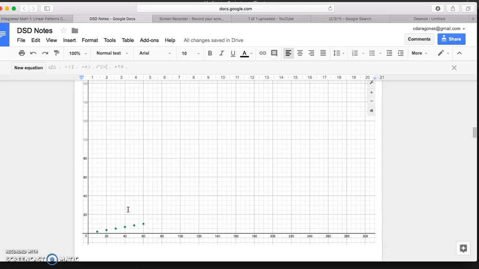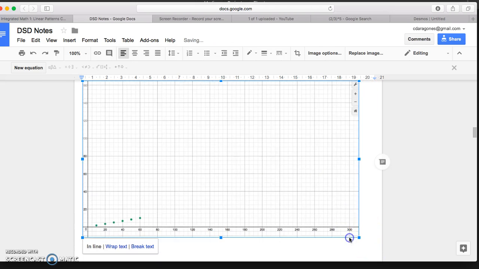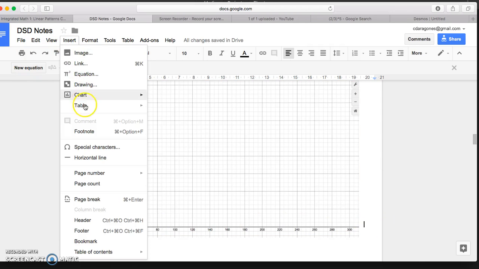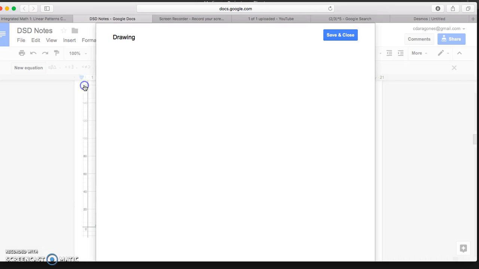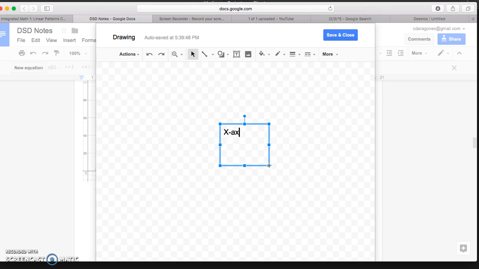And I need to go ahead and label my axes. So this is my x-axis, my input, my independent variable. So we're going to go ahead and label that. So x-axis, in other words, my input, my independent variable.